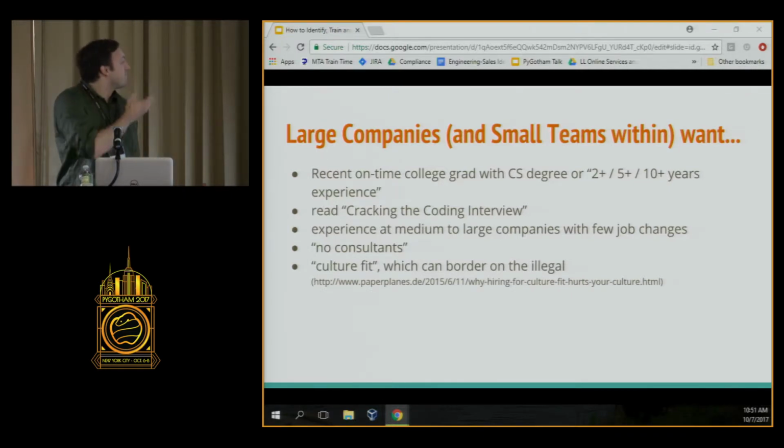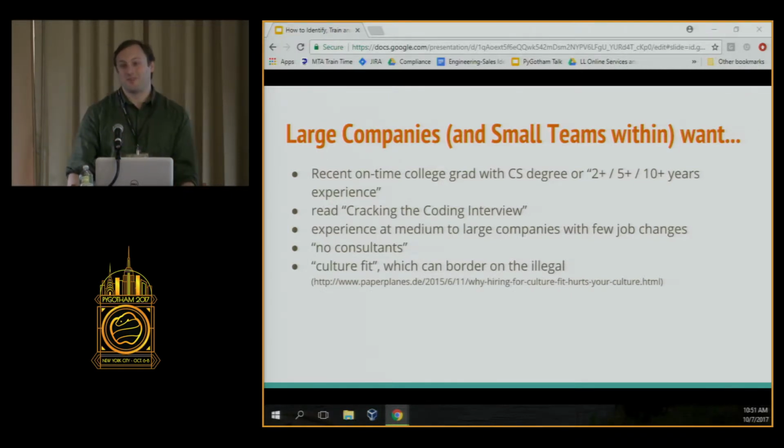And culture fit. I don't know if you guys have heard this before, but culture fit comes up both in job posts and in interview processes as a reason for hiring or not hiring fairly often.